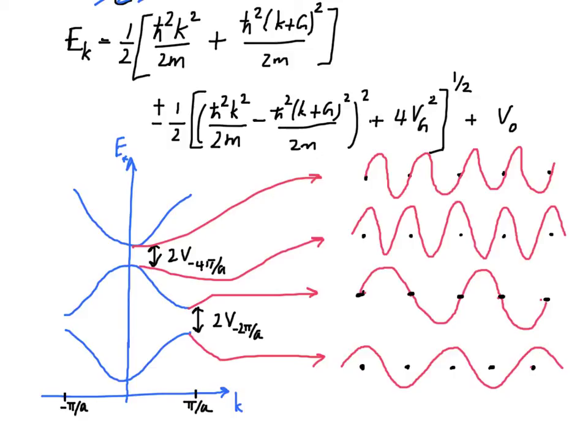So if you are at this point over here, there are no nodes. That's the bonding combination. If you are at this point over here, if k is equal to that, then you have a ton of nodes. You have, in fact, as many nodes as there are atoms, right? Between any two atoms, you have a node. And for all intermediate values of k, you will have varying number of nodes.